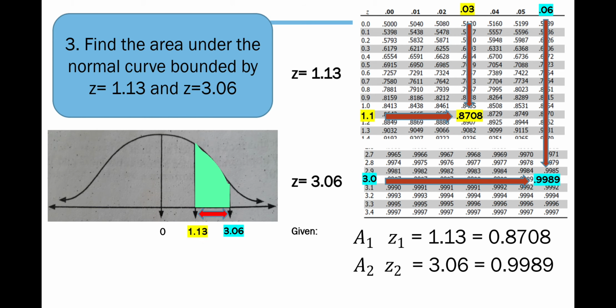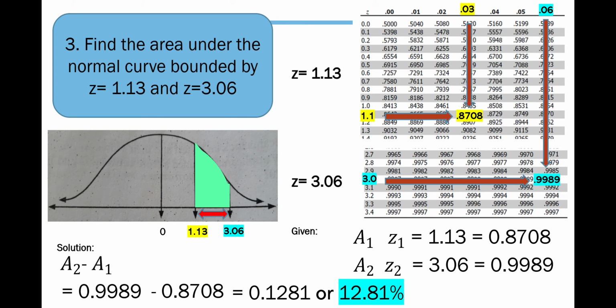To find the area between 1.13 and 3.06, we subtract the two values: 0.9989 less 0.8708, wherein the difference is 0.1281, or 12.81%. Therefore, the area between 1.13 and 3.06 is 12.81%.